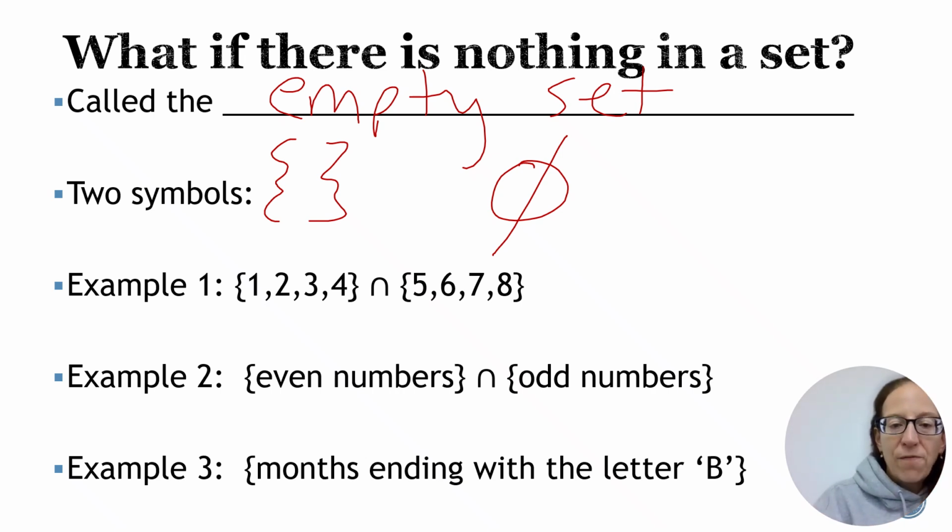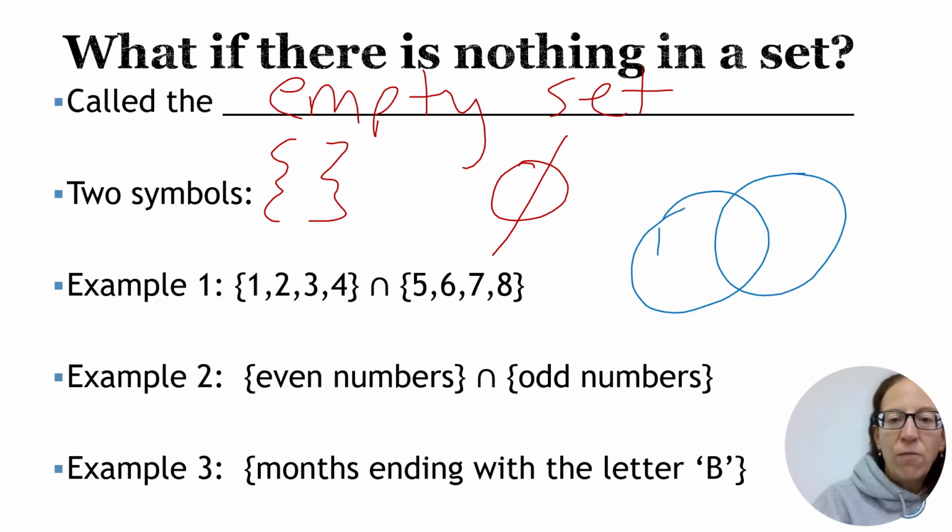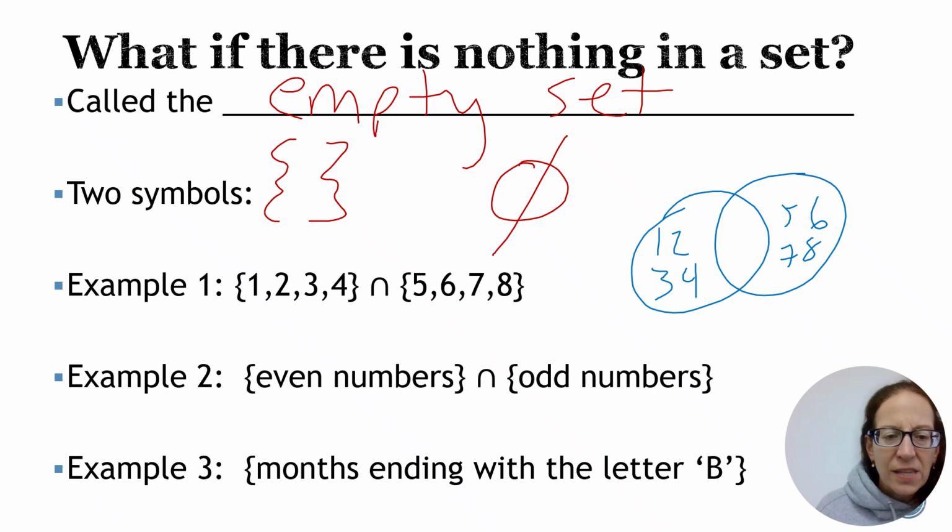And so if we try to Venn diagram that and we have the overlap, we'd have 1, 2, 3, 4. Okay, we want to make sure they're not in the second circle. And 5, 6, 7, 8 is over there. And the set that we're looking for there is the intersection, which is this piece right here. And you can see that is empty. There's nothing in that set.